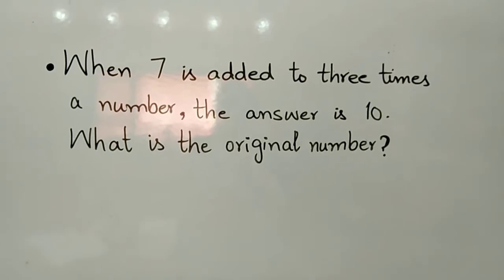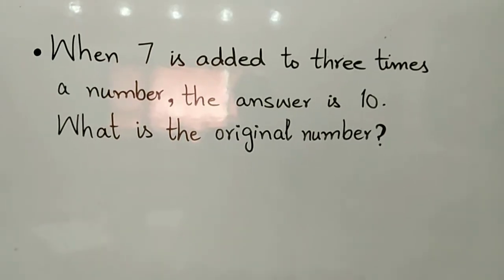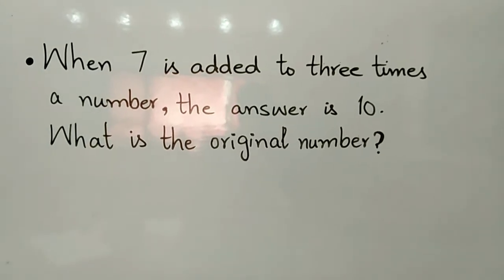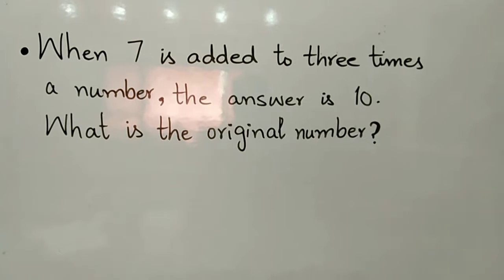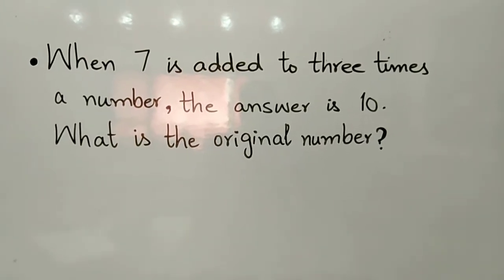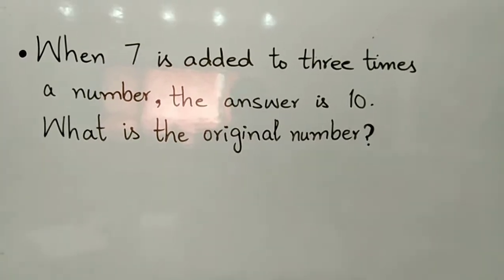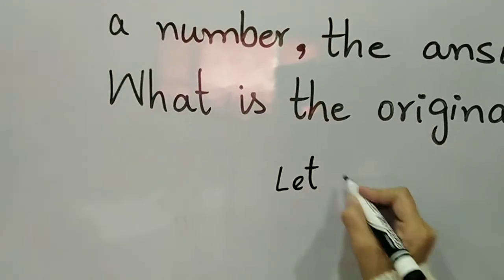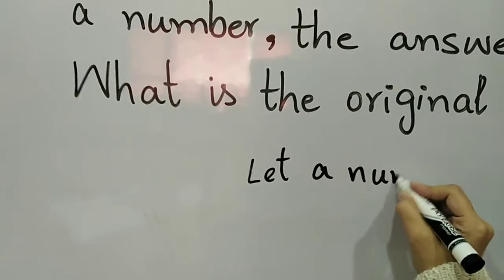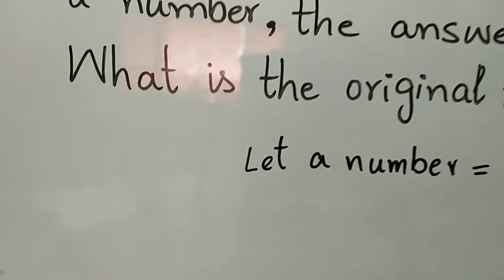So students, before starting the chapter we have to discuss some simple problems. Like, when 7 is added to 3 times a number, the answer is 10. So we have to find the original number. This is quite easy, we have to let some number, that is x.